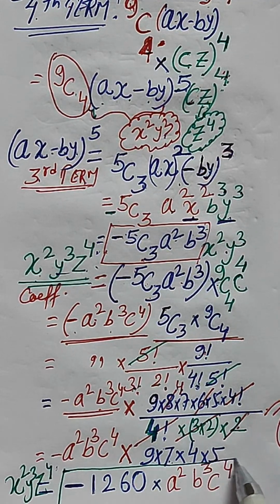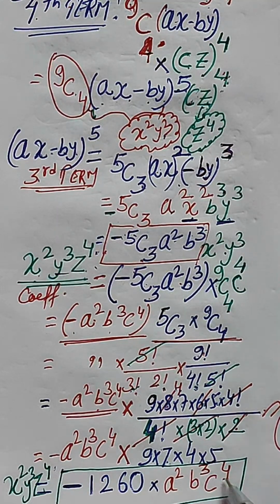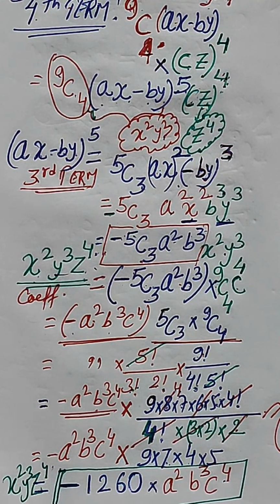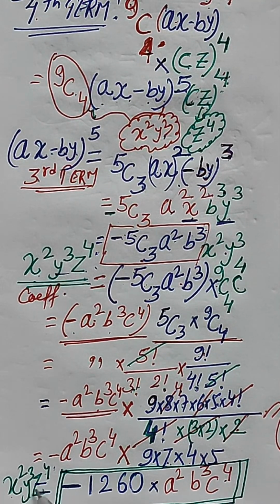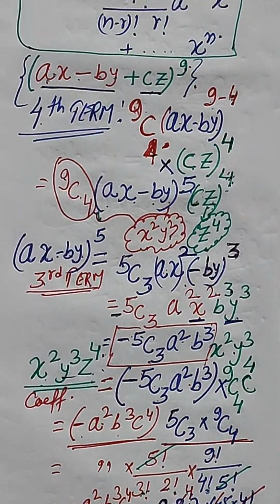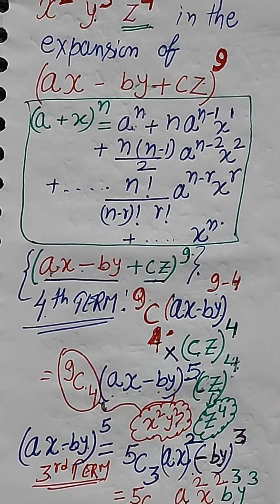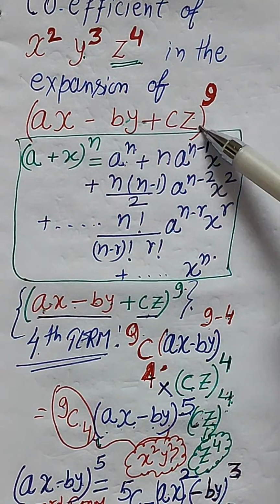Minus 1260 into a square into b cube into c4. This is the coefficient of x square y cube z4 from the expansion of (ax minus by plus cz) power 9.